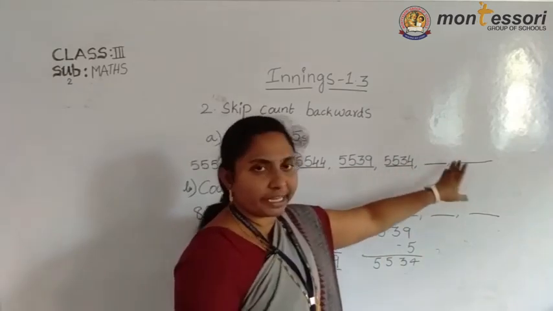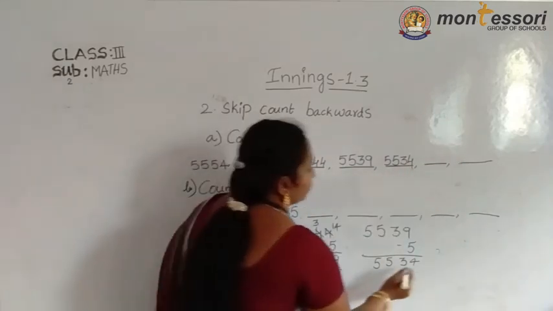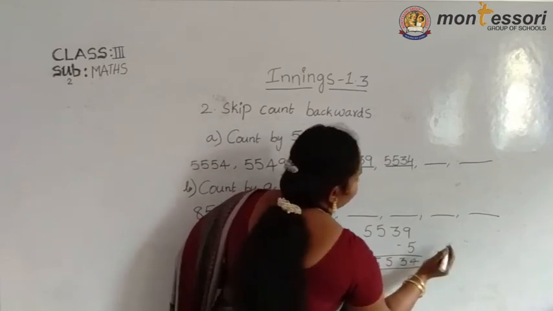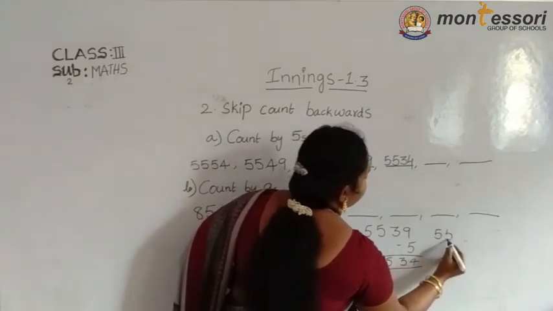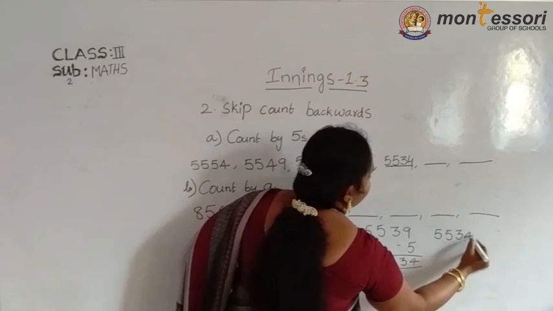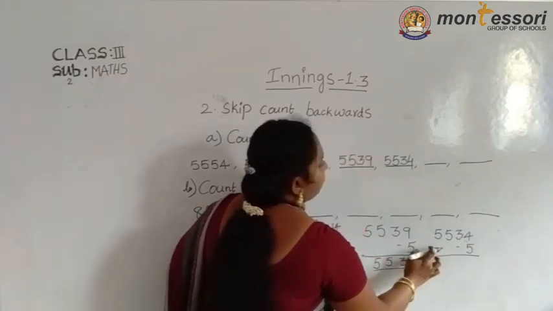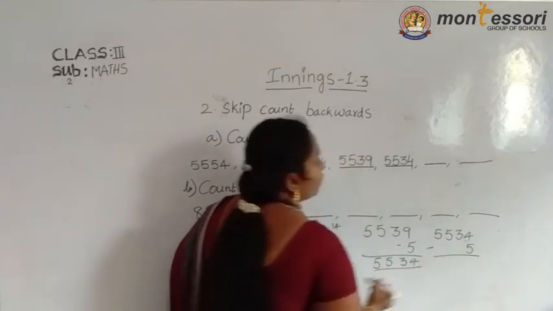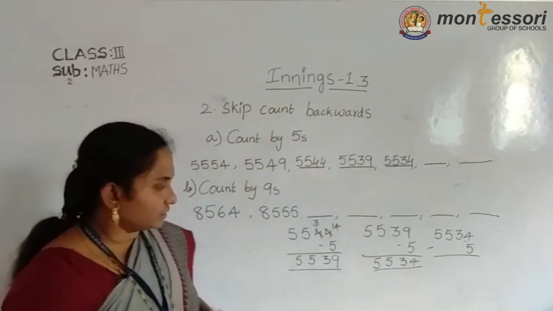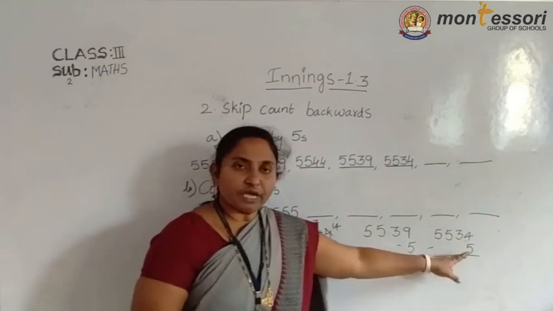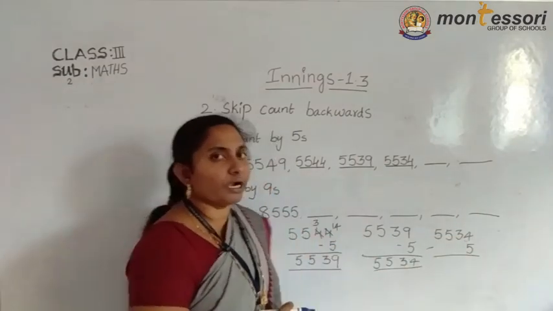Now I am going to another number. So now what can we do? Again this answer, 5534 minus 5. Okay. Now we can do the subtraction as it is the same. 4 minus 5, is it possible? No. What can we do?